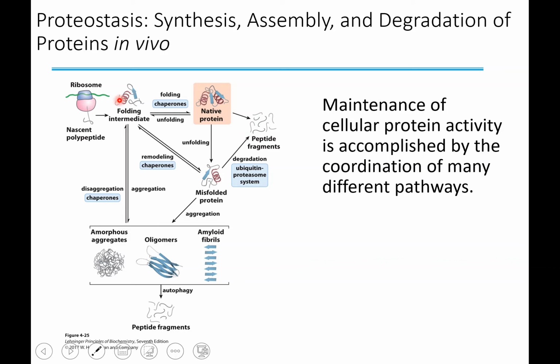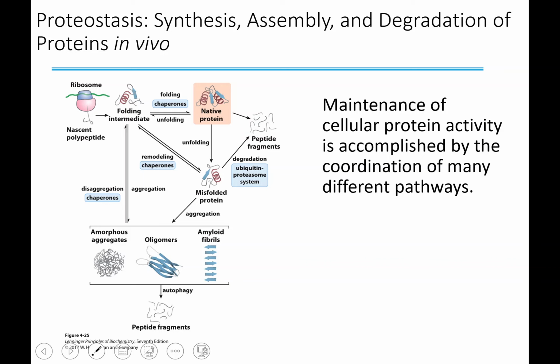Okay, that protein comes out. I should say right here. Okay, that protein is coming out, and it can fold into an intermediate. And a lot of proteins can just come into their own native folds by themselves, which would jump over here.